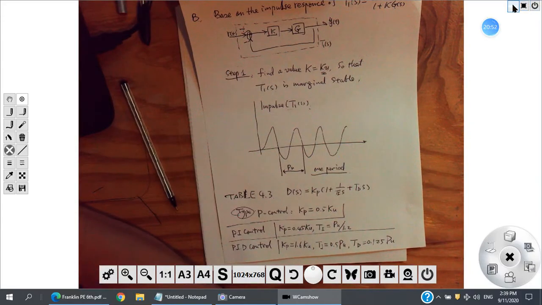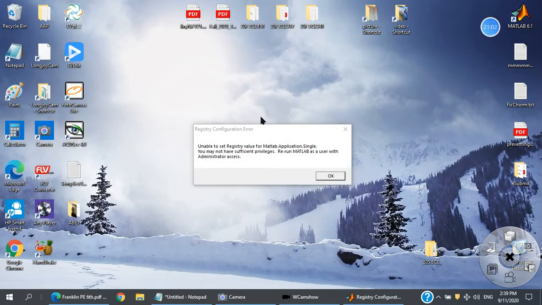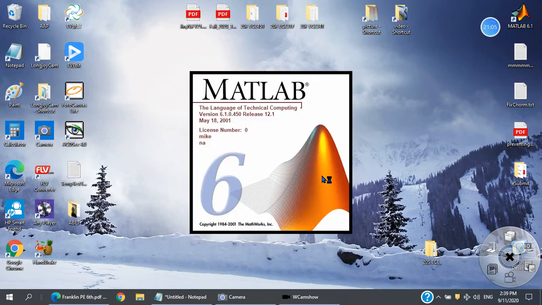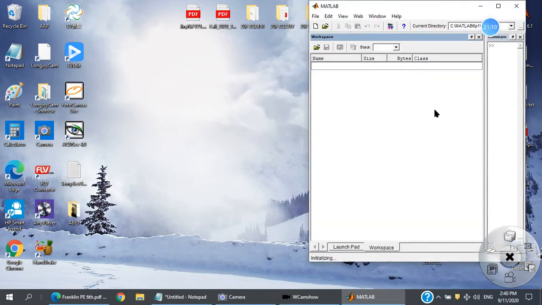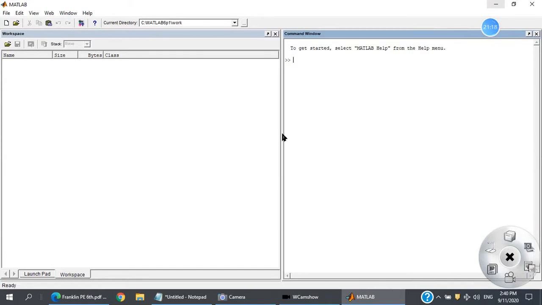Use MATLAB. Let's go to MATLAB. Let s equal to the transfer function with just s.